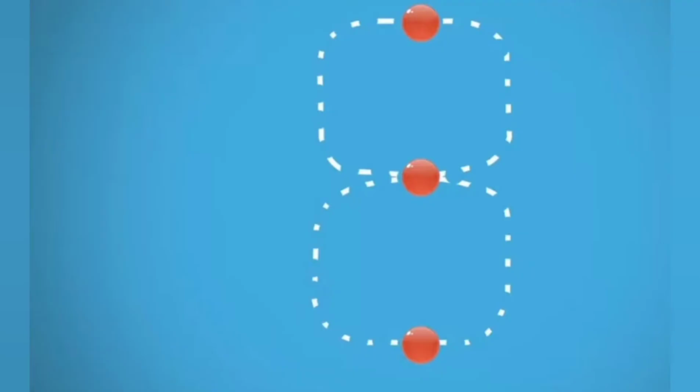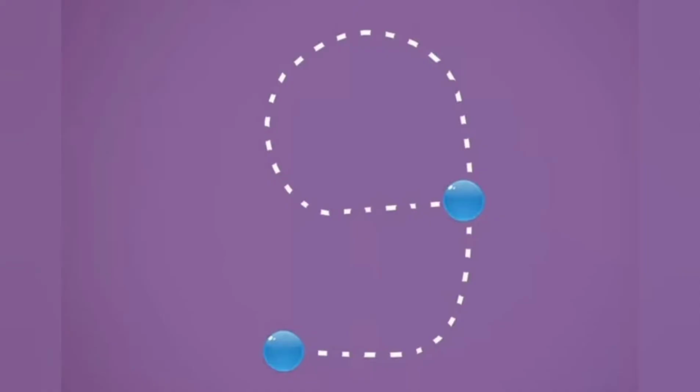High to low, it's number 7. Make an S and do not wait. Curve back up, it's number 8. Make a hoop and then draw a line. After 8, it's number 9.